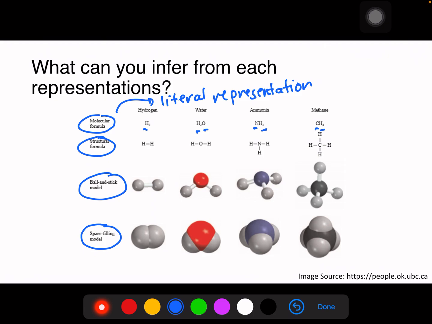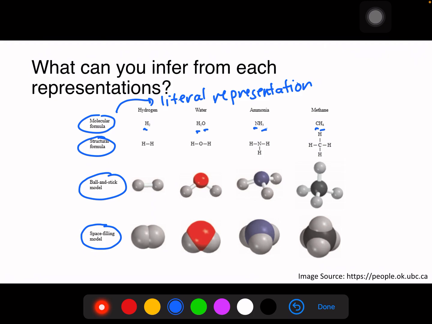So it is convenient to write the molecule in a molecular formula. For example, if you ought to write a molecule in a notes, that is very convenient and very efficient.